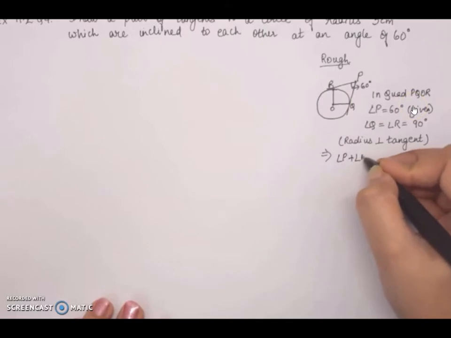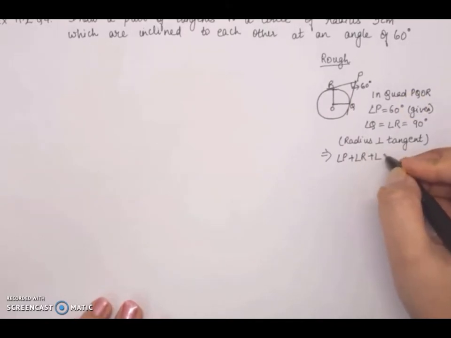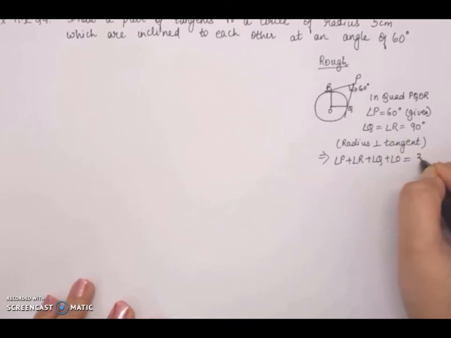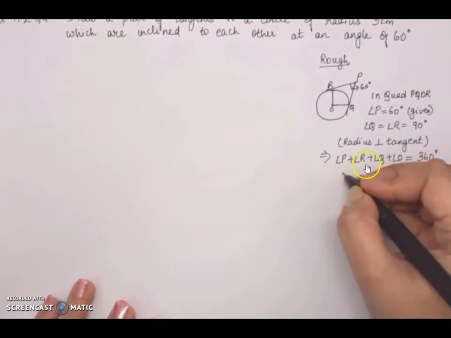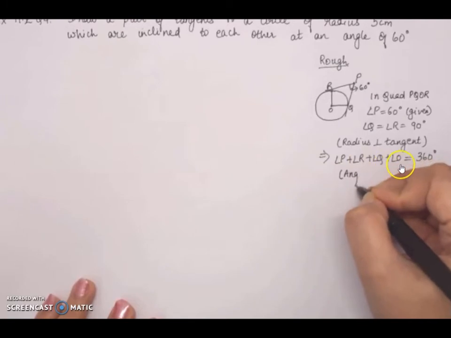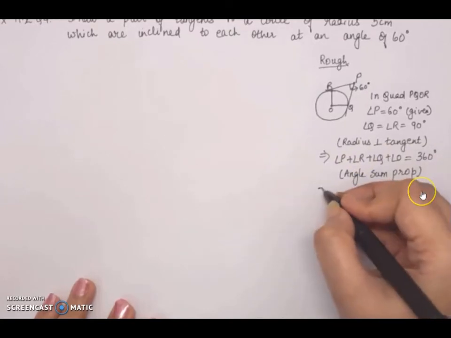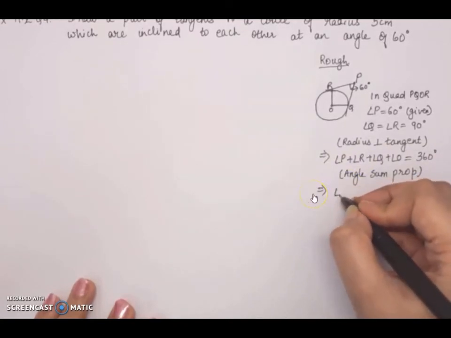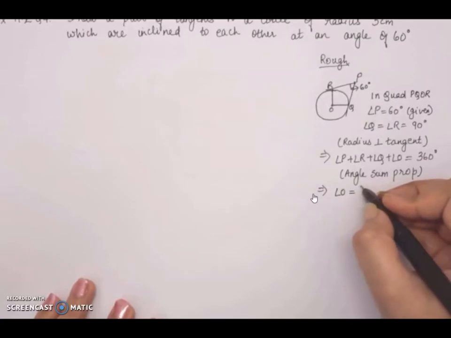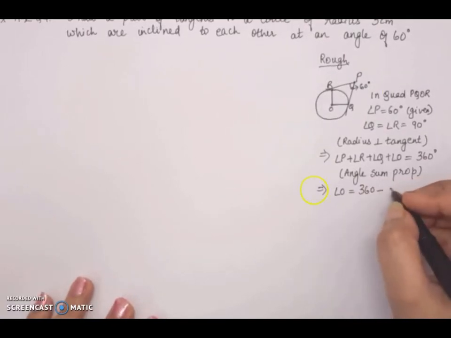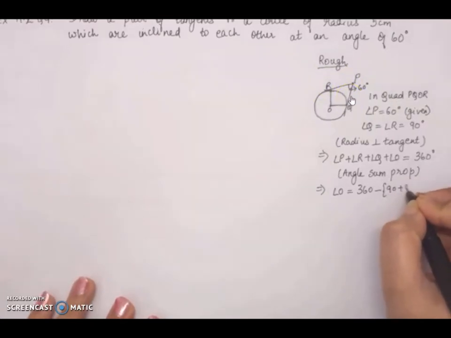So therefore in quadrilateral PQOR, if we apply the angle sum property of quadrilateral, then we will get angle P plus R plus Q plus angle O equal to 360 degrees. This is by the angle sum property. So angle O will be 360 minus, now these angles we know, they are 90, 90 and 60.